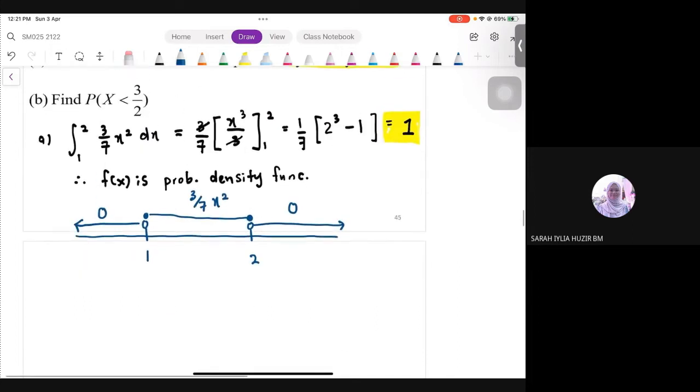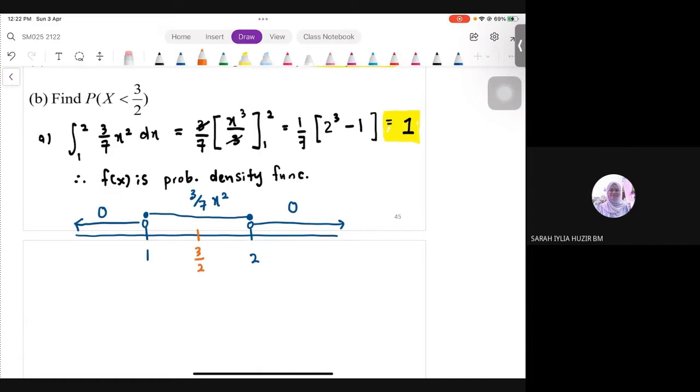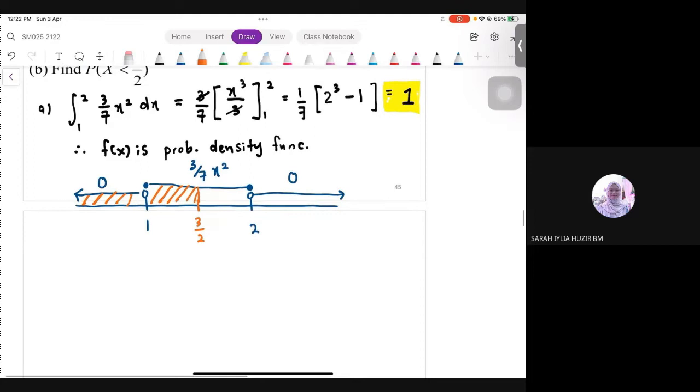Okay. Since we want to integrate for less than 3 over 2, so 3 over 2 would be here. 1.5 kan. So, in order to find probability, kita nak cari all this region. Okay. So, by right, actually, we will integrate for probability X less than 3 over 2, from kawasan pertama ni, negative infinity up to 1 and our function is 0 dx.